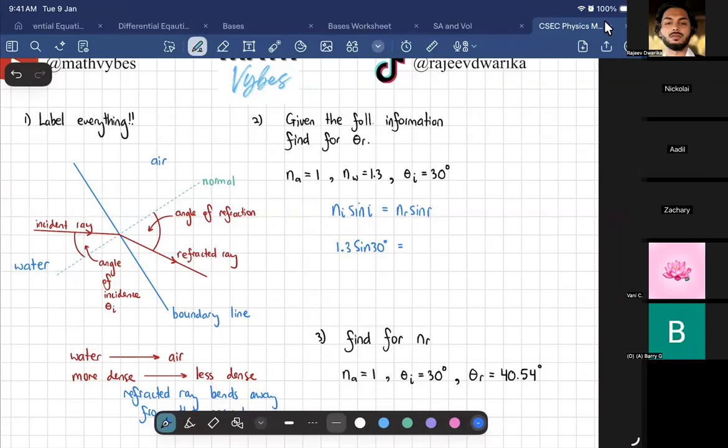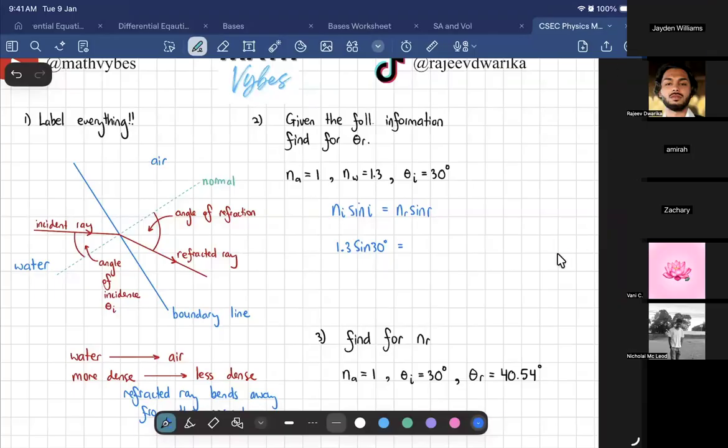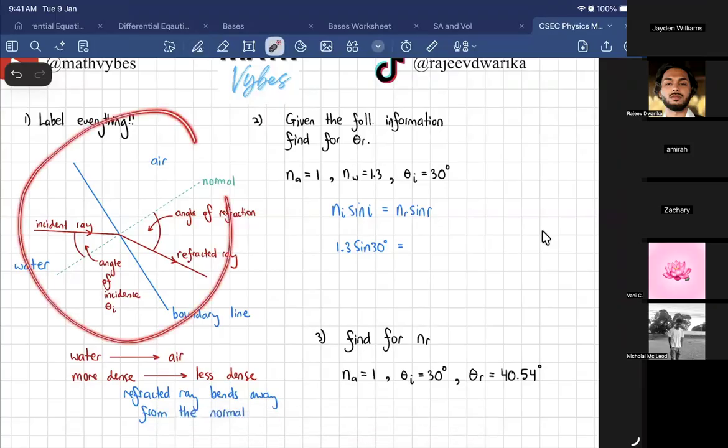Is it in water or air? Vani, where is the refracted ray? Is the refracted ray in air or water? Water? No, air.